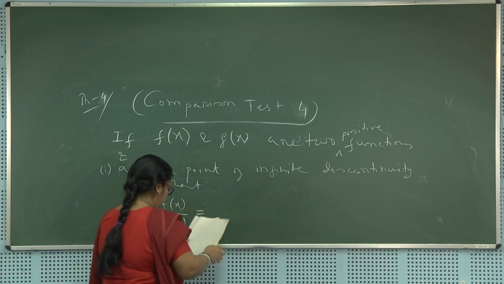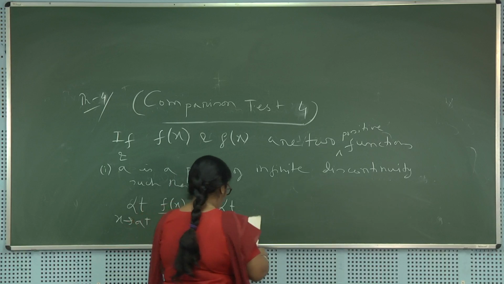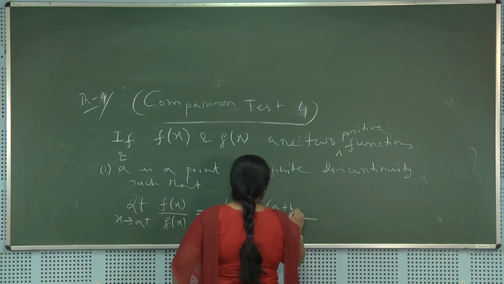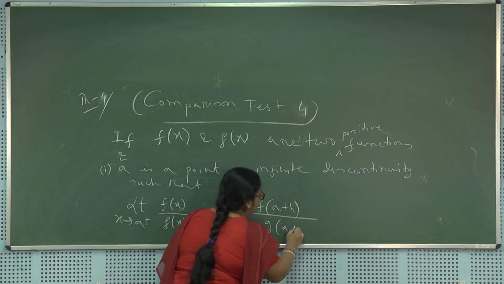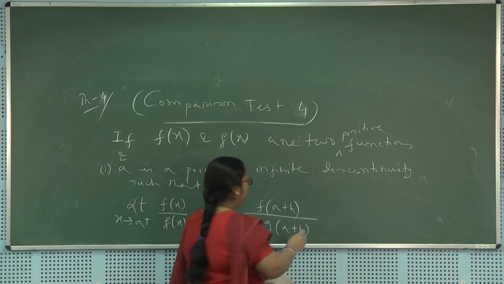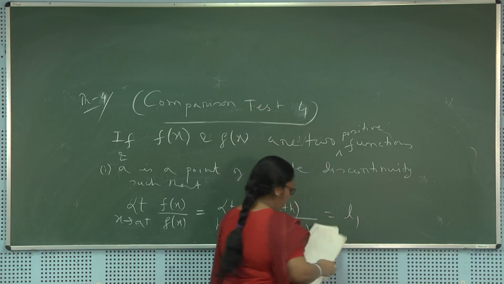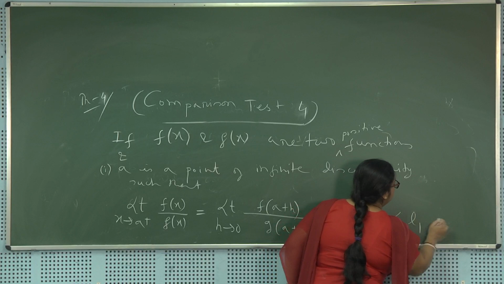So, this is equal to the limit as h tends to 0 of f(a plus h) upon g(a plus h). If you like, you can also use epsilon, no problem. Say this limit exists and is equal to some finite number L1, but L1 should be a number lying strictly between 0 and infinity.